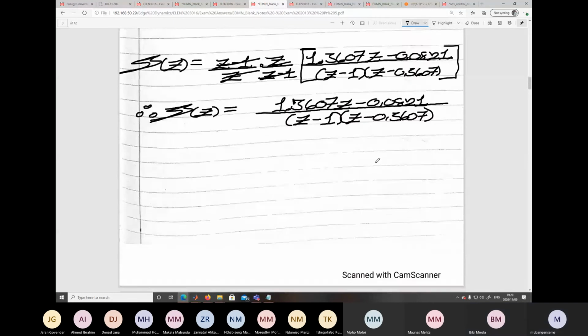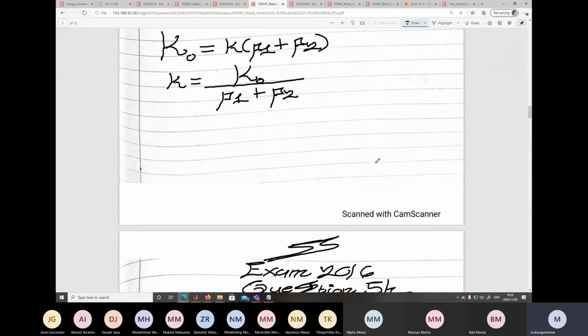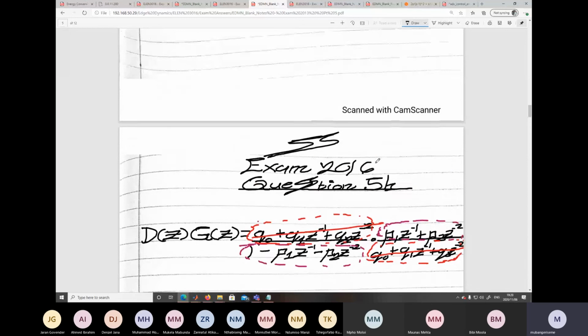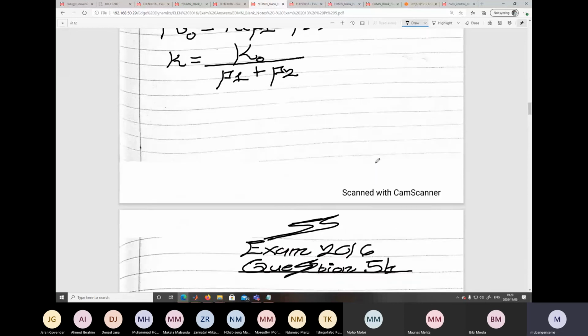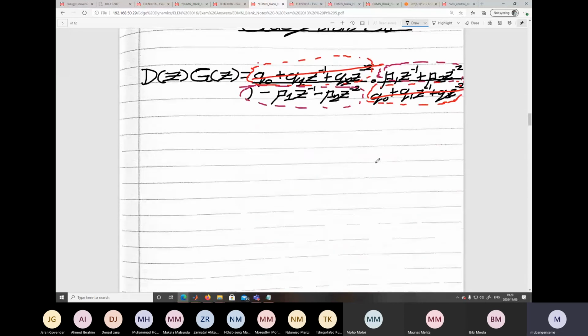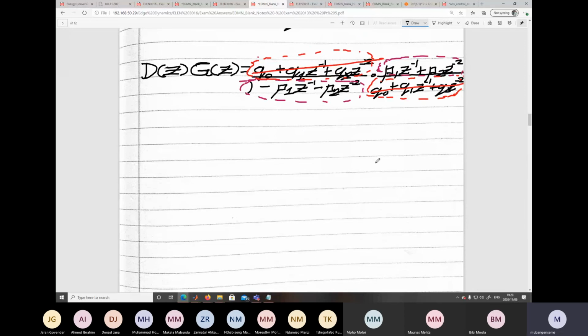Okay, cool. So now we've calculated, did we calculate our K? Okay, now we can calculate it now. So in the question, we're told that we need a closed loop steady state gain of 13.98 dB.